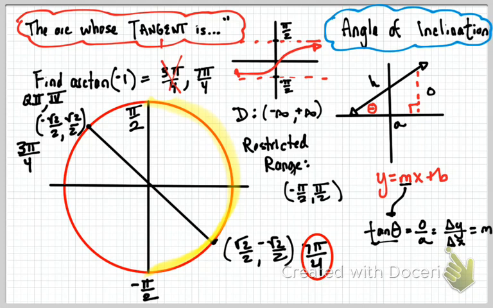So here's the connection. Our rise is our delta y, and our run is our delta x. So tangent of theta is actually equal to our rise over run, or equal to m. These two are exactly the same thing.